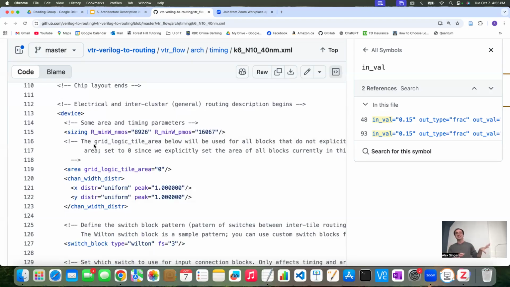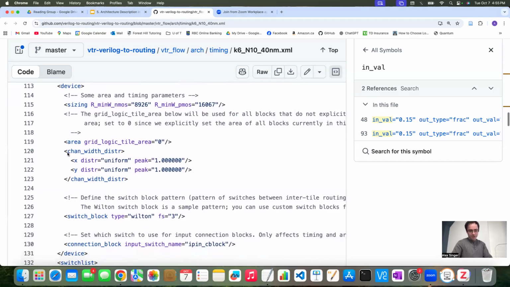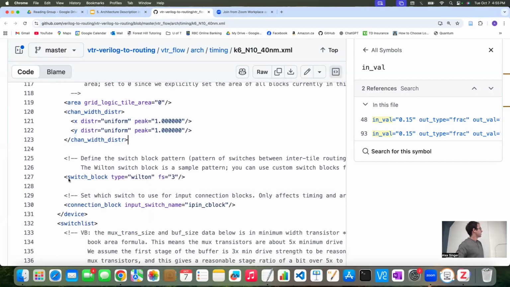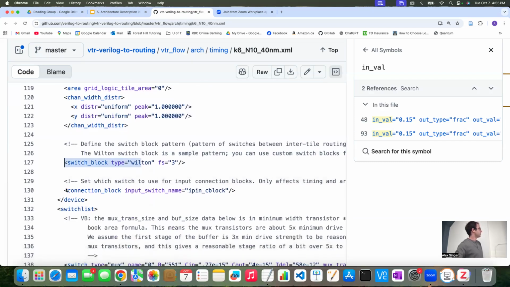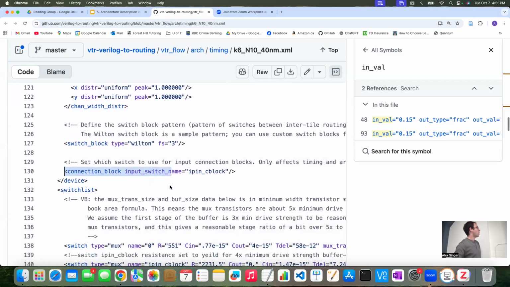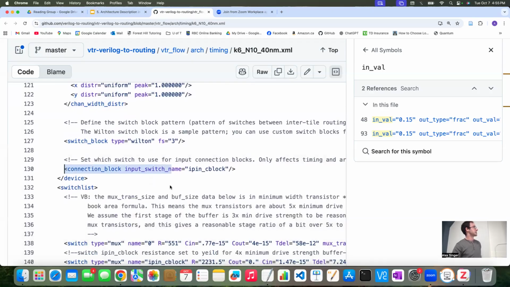I skipped these from my slides, but you can look into these. This is basically how we tell VPR how big things are, which are useful for CAD algorithms. And there's our channel width distribution. There is our switch block. Again, it's a Wilton. And then this connection block here isn't actually the connection block that's going to be used. All we're really doing is defining the timing.